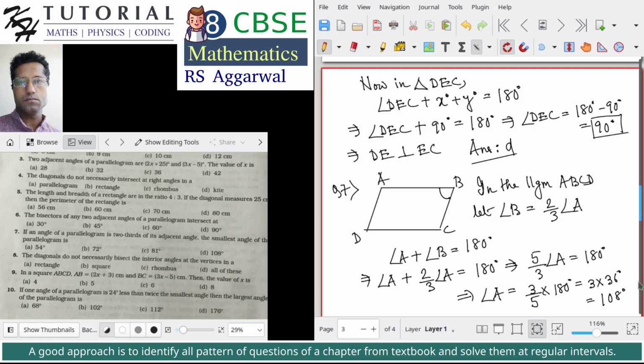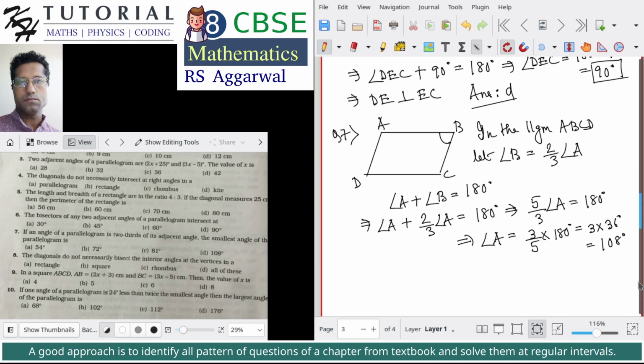It is asking for the smallest angle of the parallelogram. Okay, so definitely angle A and angle C will be the same. So what will be angle B?